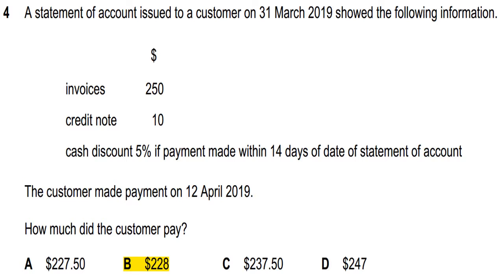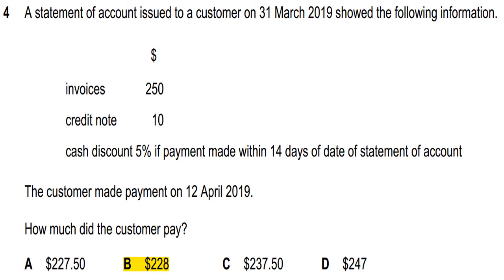And number 4 is, a statement of account issued to a customer on 31st March 2019 showed the following information: invoices $250 and credit note $10, cash discount 5% if payment made within 14 days of date of statement of account. The customer made payment on 12th April 2019.